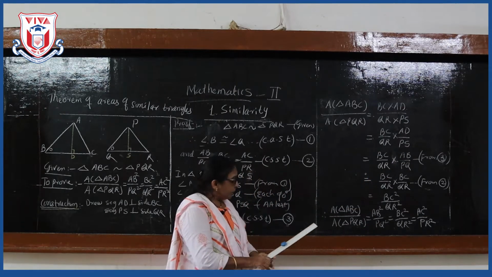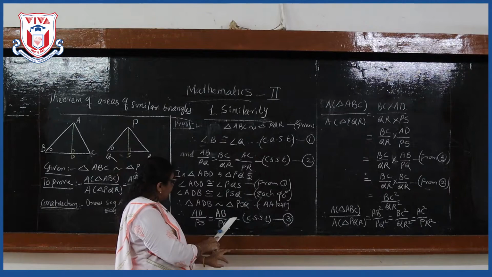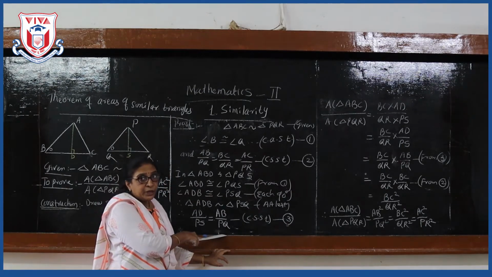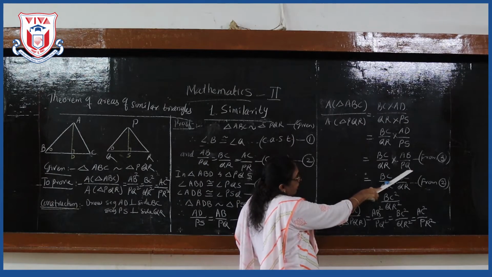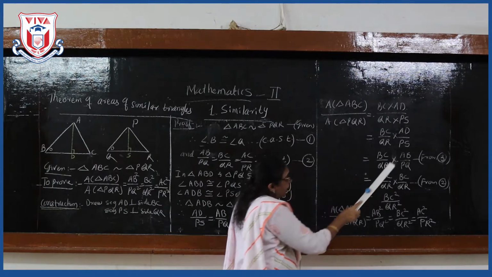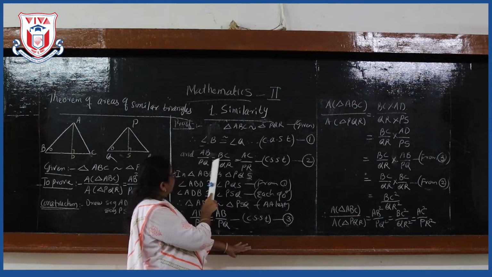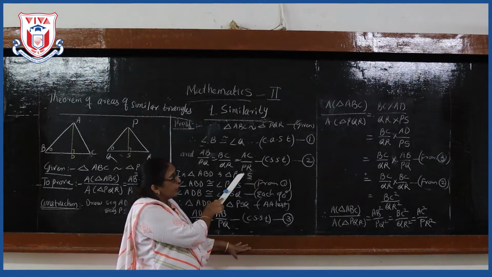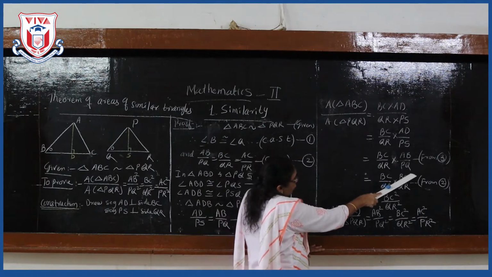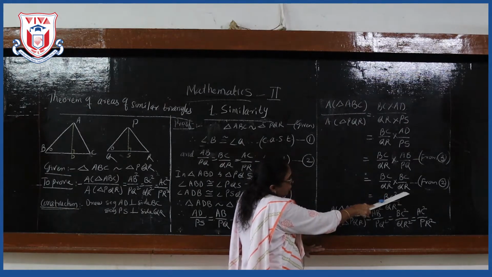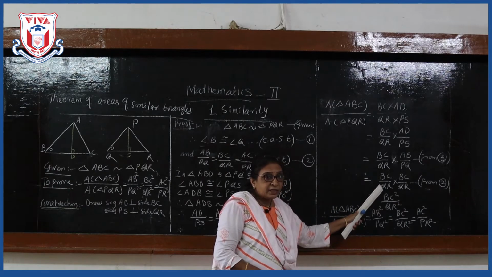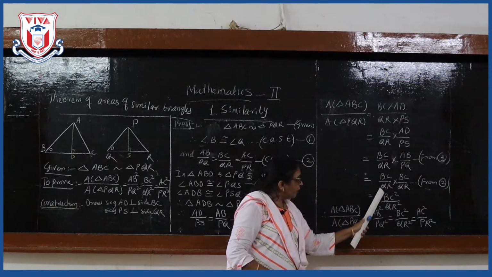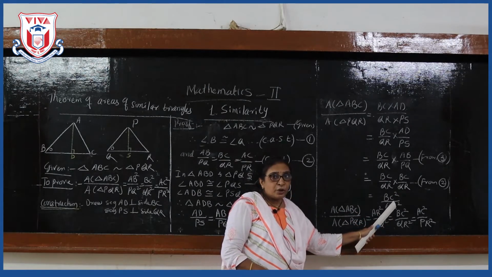We have proved that AD upon PS is equal to AB upon PQ from 3, so we can write the same here. But AB upon PQ is also equal to BC upon QR. So instead of AB upon PQ, again we can write BC upon QR, and this BC upon QR is kept as it is. So after multiplication, we get BC square upon QR square.